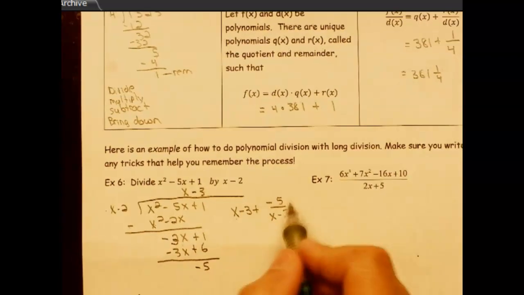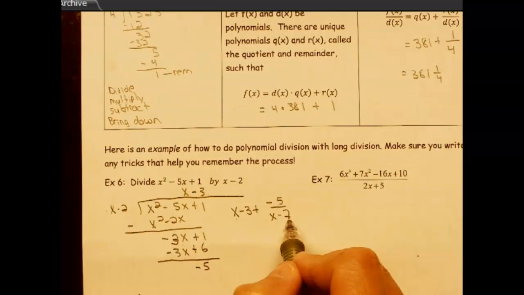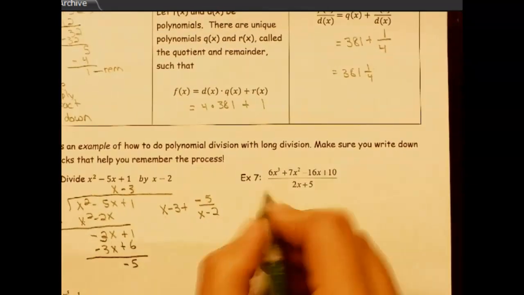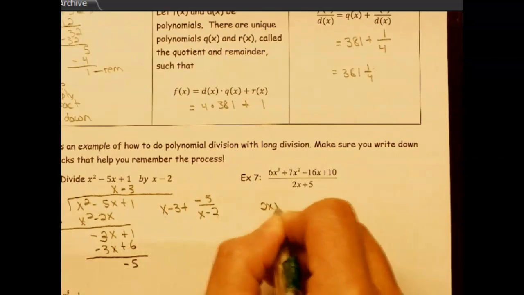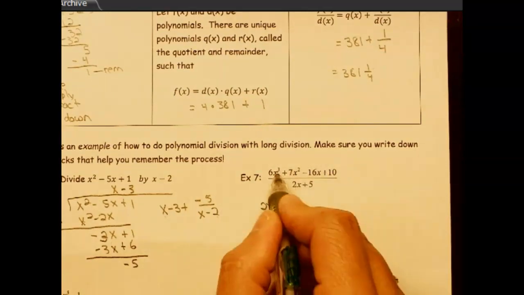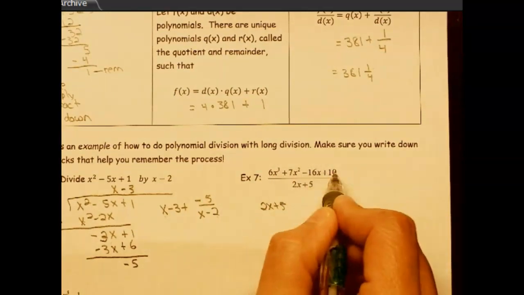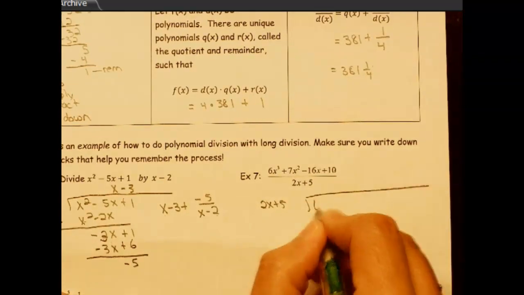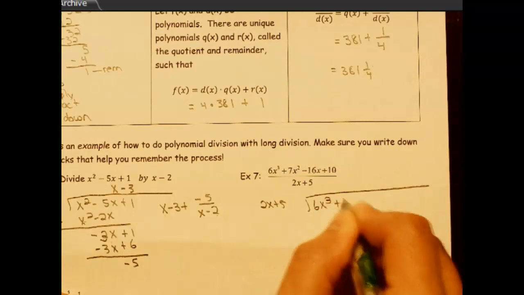Here's the quotient, here's the remainder, here's the divisor. Alright, let's move on to the next one. The only other thing I'm confirming is that I'm going down in decreasing order. If I wasn't, I would have to rewrite, or if there are any missing terms, I would have to fill those in with a 0.